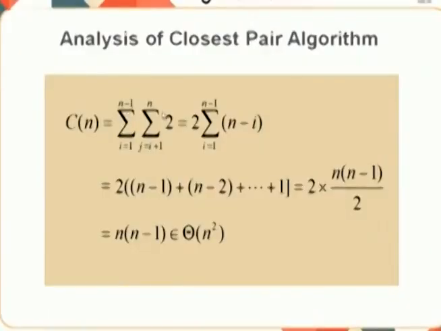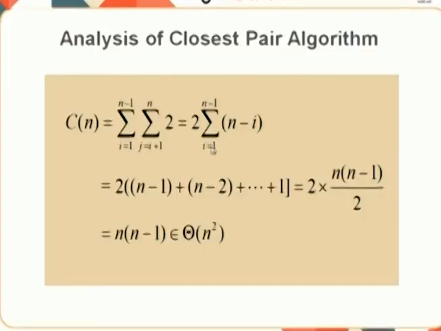Now this is the number of operations done as part of that loop. 2 is a constant, therefore I can take it outside. It becomes a simplification of this loop. If I simplify this, it becomes n minus i plus 1 plus 1, so it comes to n minus i.